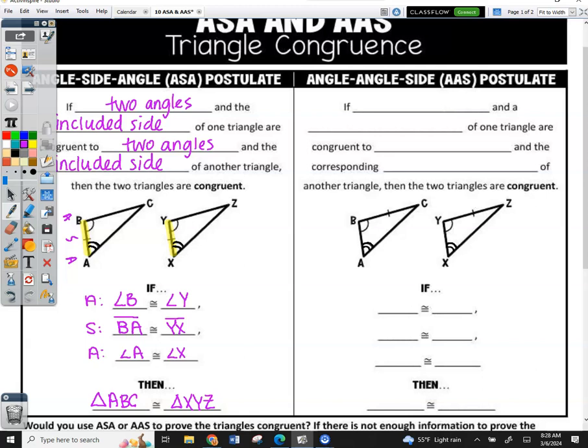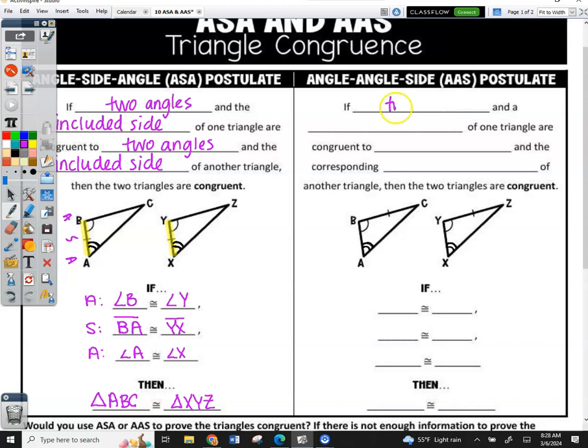The next one is angle, angle, side. What is the difference between this and this? The location of the side has moved. It's no longer on the end, no longer in between the congruent angles. Now it's on the edge, right? Addie, do you want to put that up? So here we go.